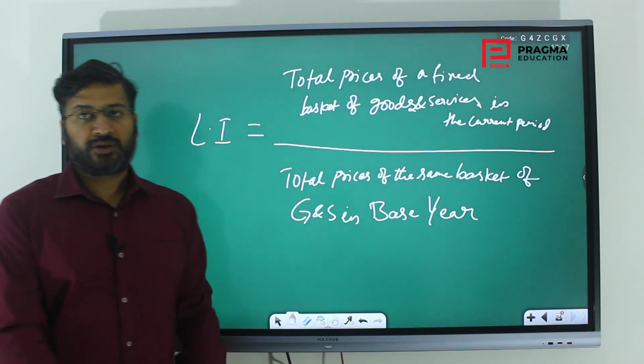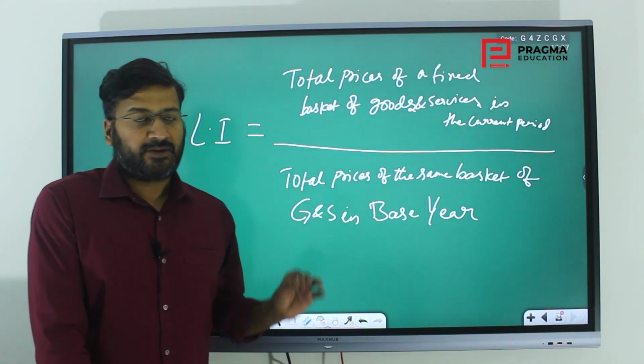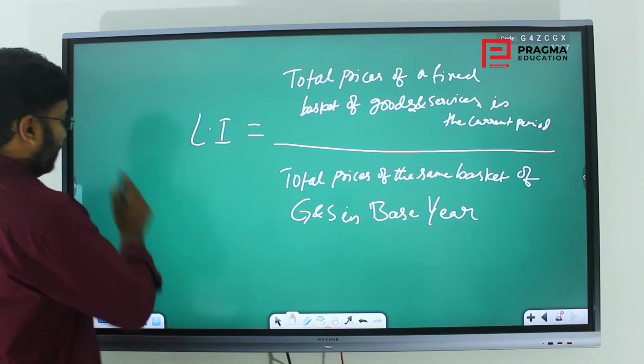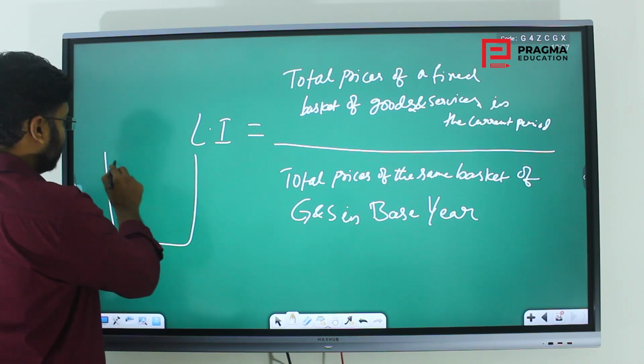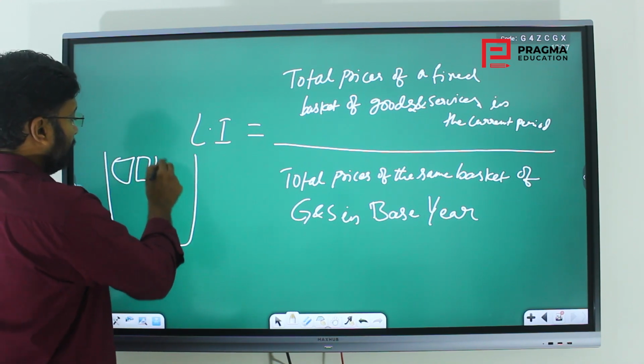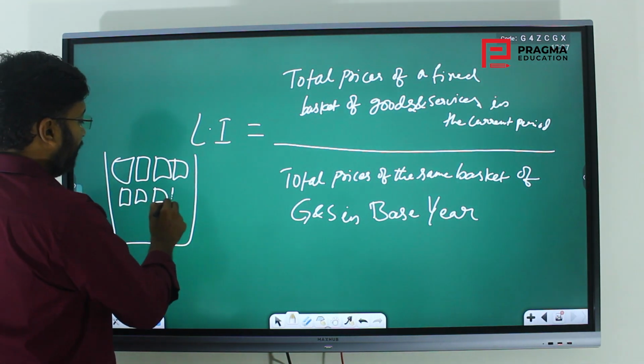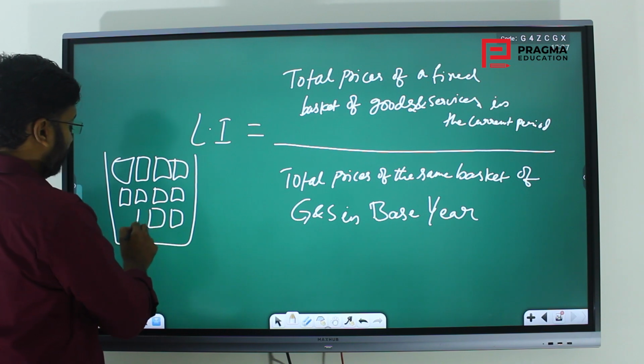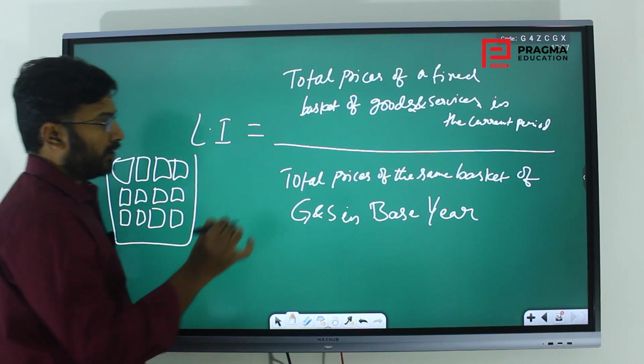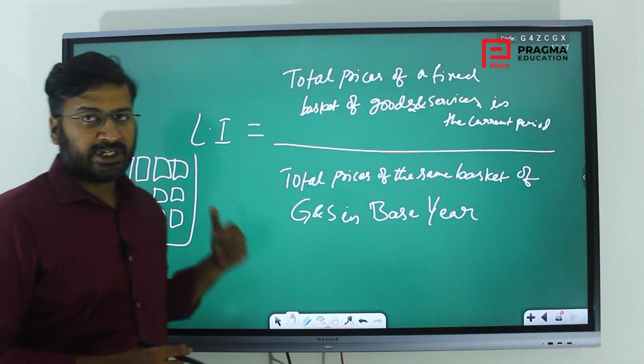This is the formula used to calculate CPI. What does it say? There is a basket, as I have told you earlier, and there are items in it. The total prices of this fixed basket means this fixed basket will have a regular content, like 1 kg, 2 kg or that quantity of goods in its basket.